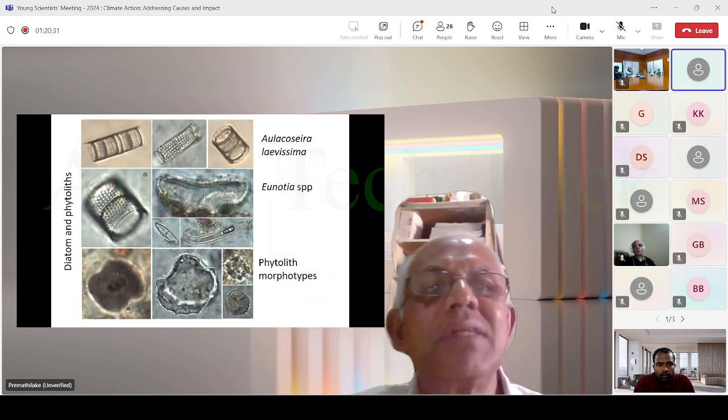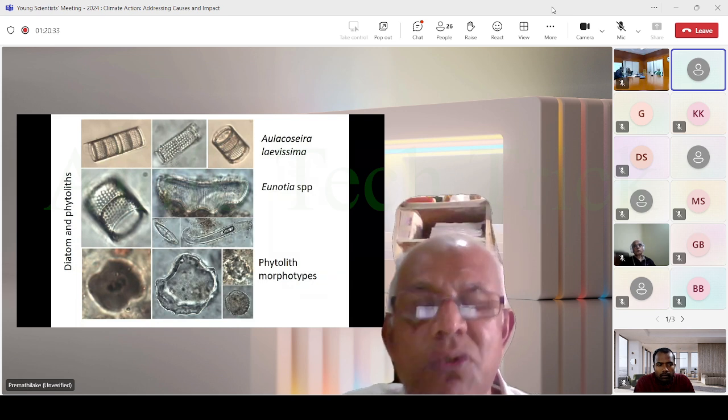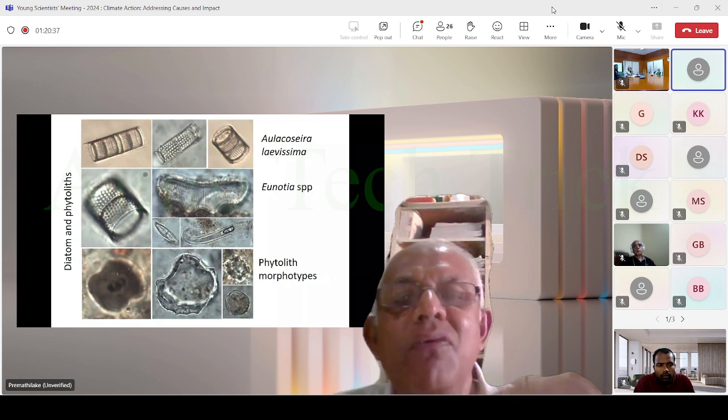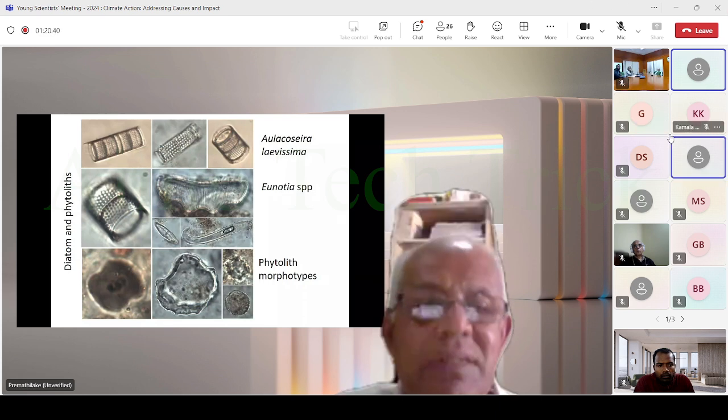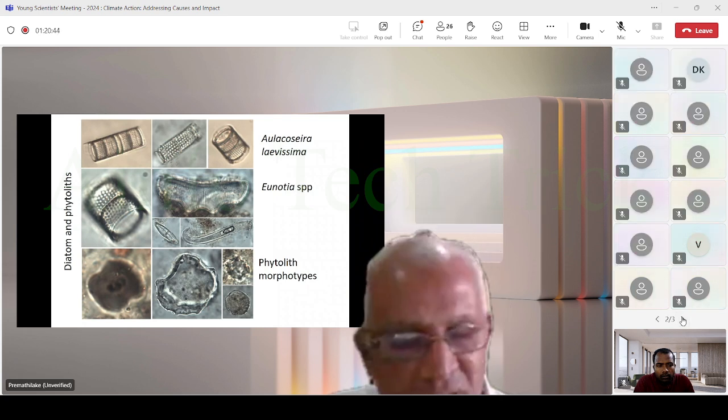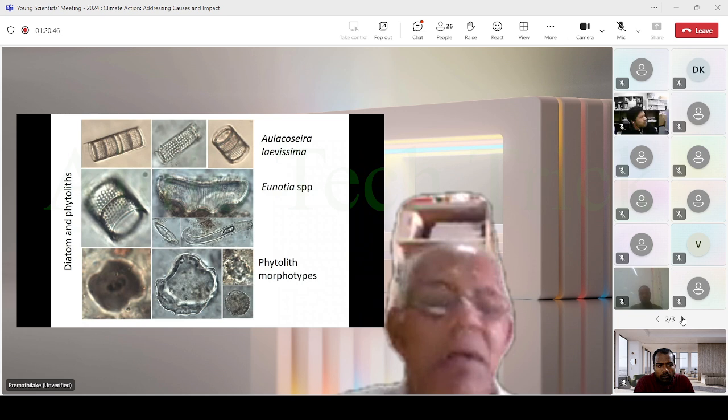But Aulacoseira luvissima is a particular diatom which usually grows in water columns or high water levels. These lakes usually contain this diatom. So anyway, we use this kind of diatoms and phytoliths for reporting our climate change.